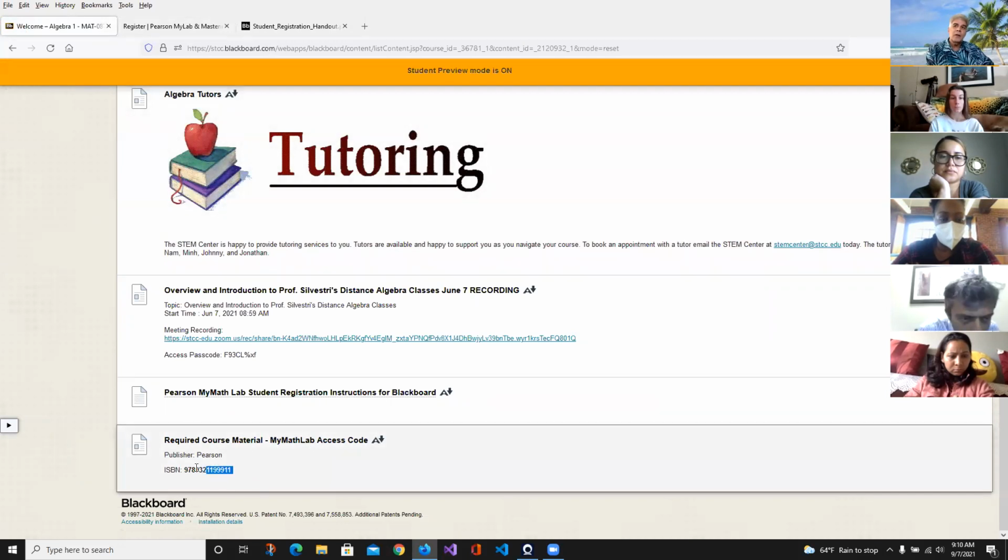And this is the ISBN that you need to purchase. Well, actually, not anymore. What they're giving you is on the cash register receipt. There's a code that they print out on the cash register receipt that you're going to enter into My Math Lab to prove that you paid for it. That's what you get.